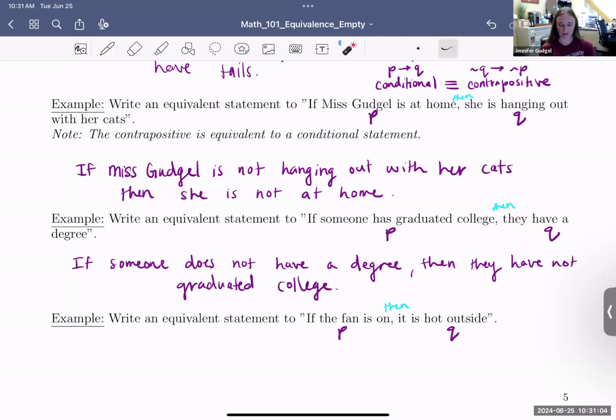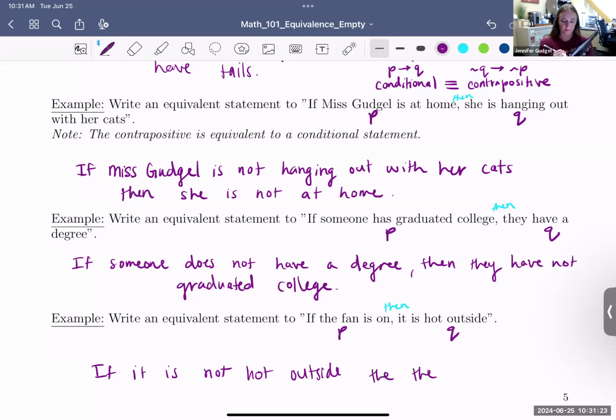And finally, if it is not hot outside, then the fan is not on.